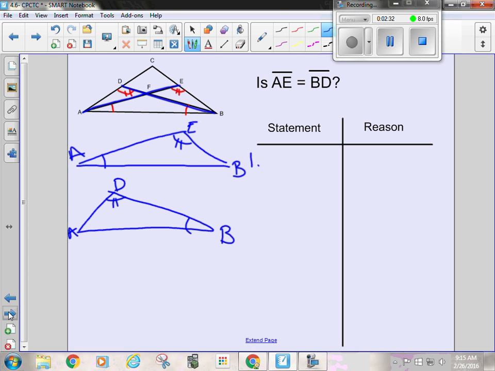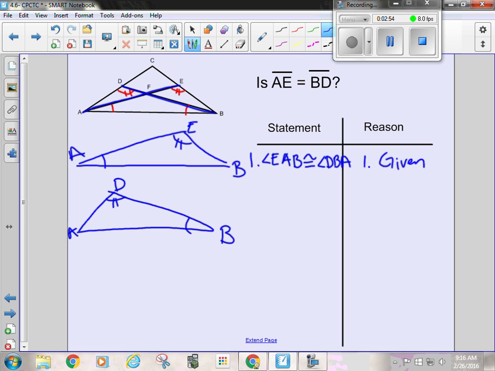I'm going to use the three letters to denote the angles because angle A is a little bit different in both triangles. So I can say angle EAB is congruent to angle, and now I'm going to name it in the other triangle, DBA. And my reason, it's given to me.